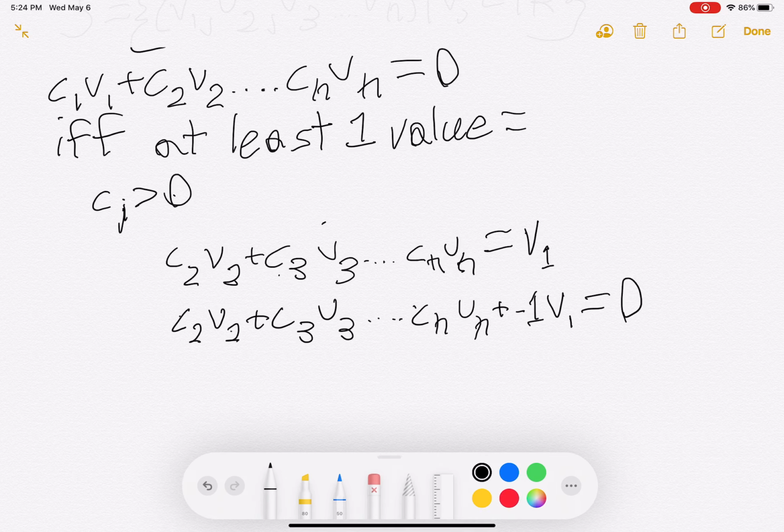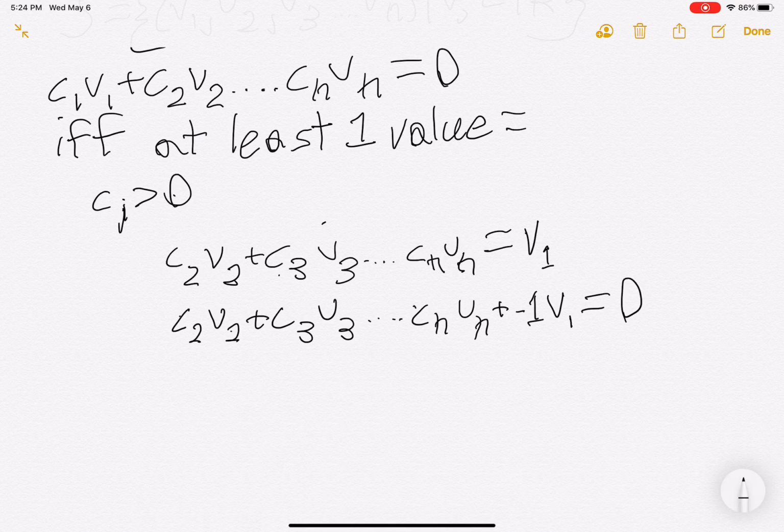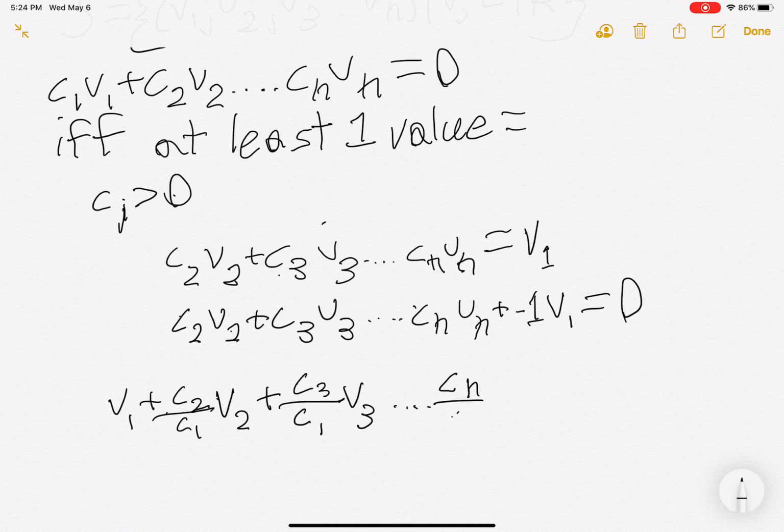Let's divide both sides by c1, since I'm saying that c1 is any non-zero constant. So we get v1 plus c2 over c1 v2 plus c3 over c1 v3 all the way down to cn over c1 vn, right? Simple as that. And that's obviously equal to 0.